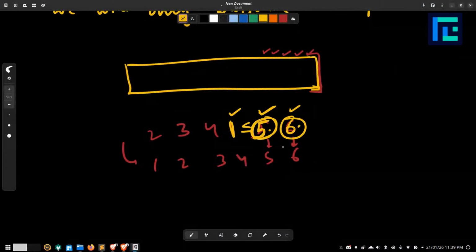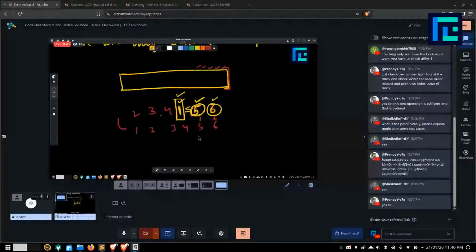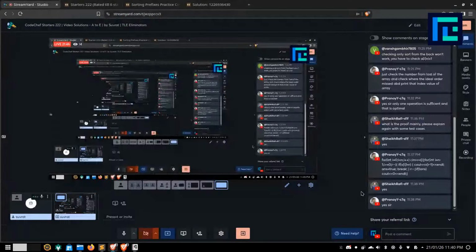So if 5 and 6 are at their correct place, all the rest of the elements would be less than or equal to 5 or 6. That is why we can conclude that we only need to perform the operation on this index. Now do you get that, Sheikh?